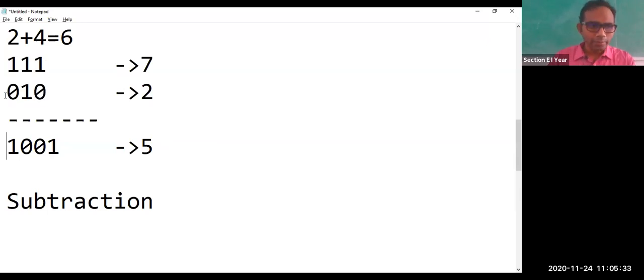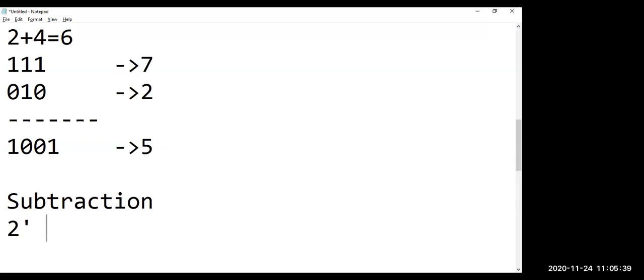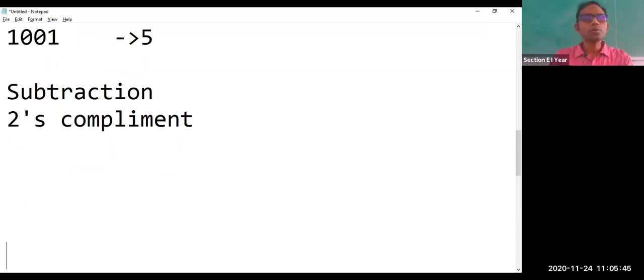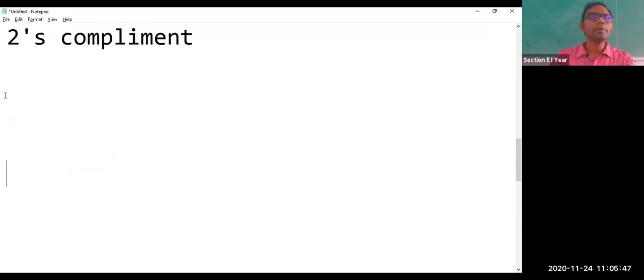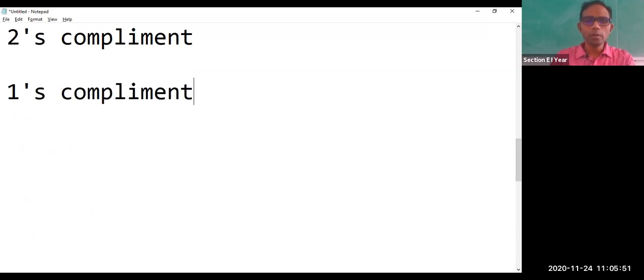Subtraction means we are going to make the 2's complement of a number. What is 2's complement? 2's complement means 1's complement plus 1. So what do you mean by 1's complement?